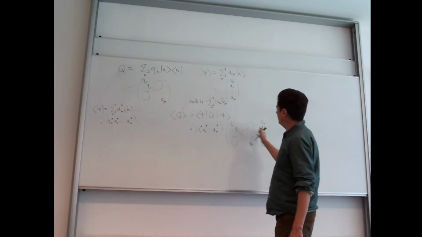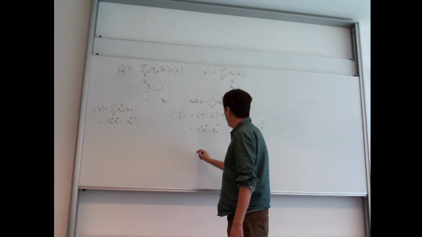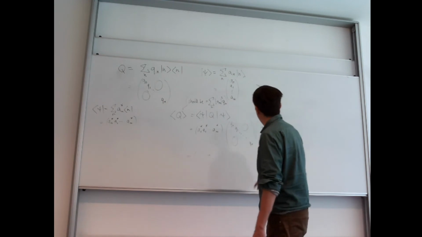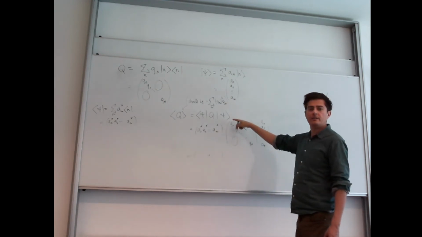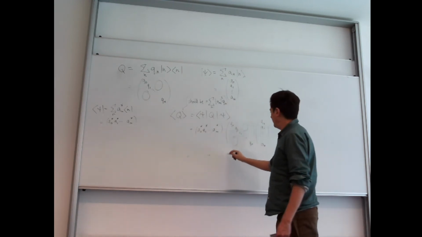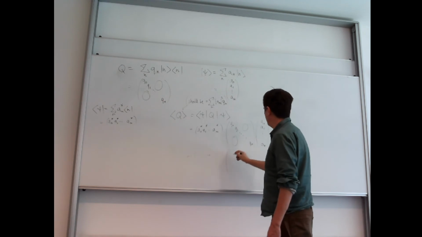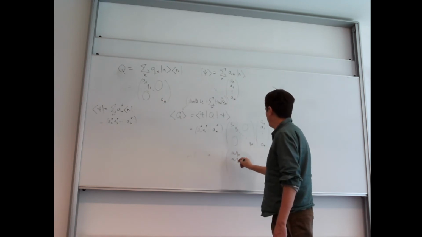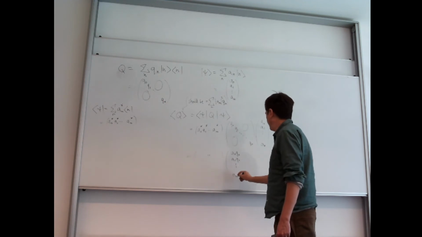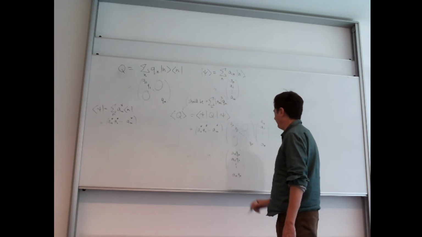So we can just do this first multiplication here. Because this is diagonal, you can see that this is going to be A0 Q0, A1 Q1, AN Qn.